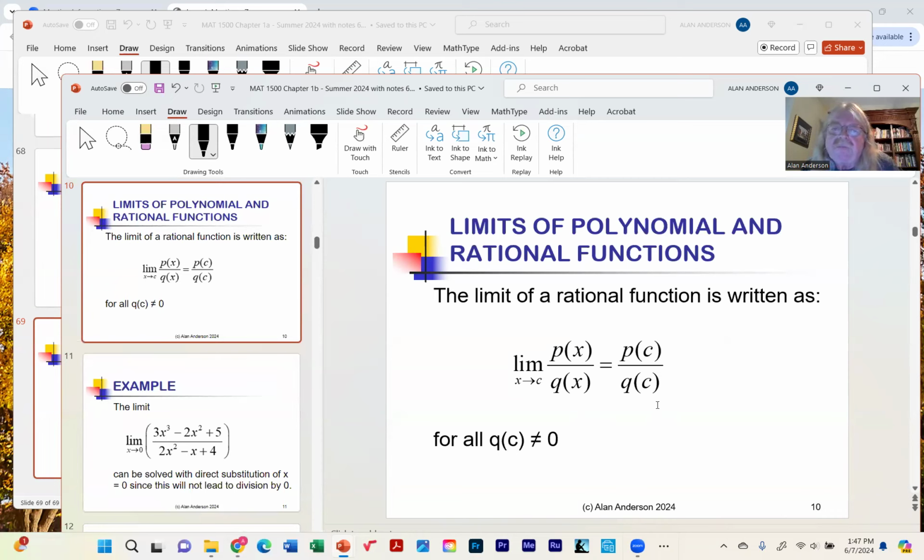So we can break it up into individual pieces, or we can directly substitute 0 for all these x's, and we'll end up with an answer. Right. So here I went through the formality of breaking it up into these separate limits and then evaluating each one individually.